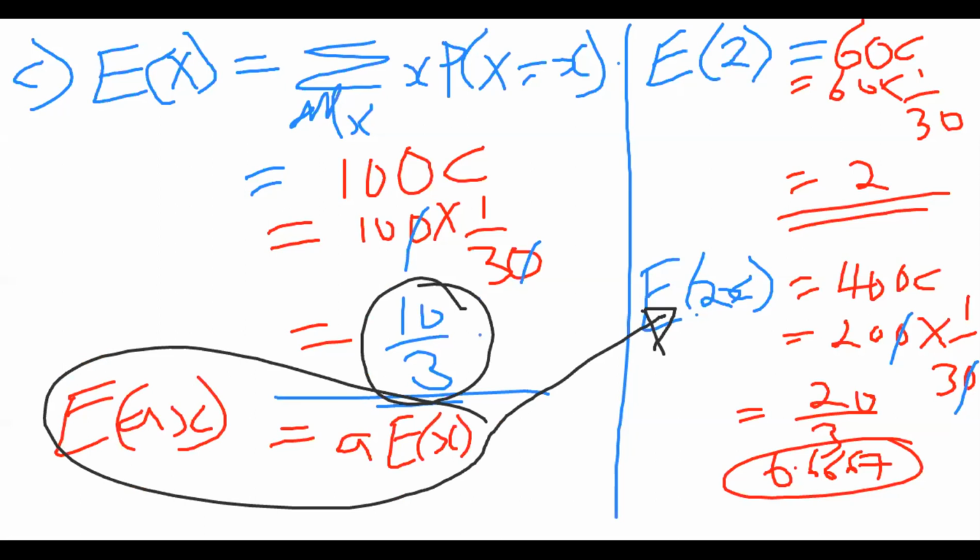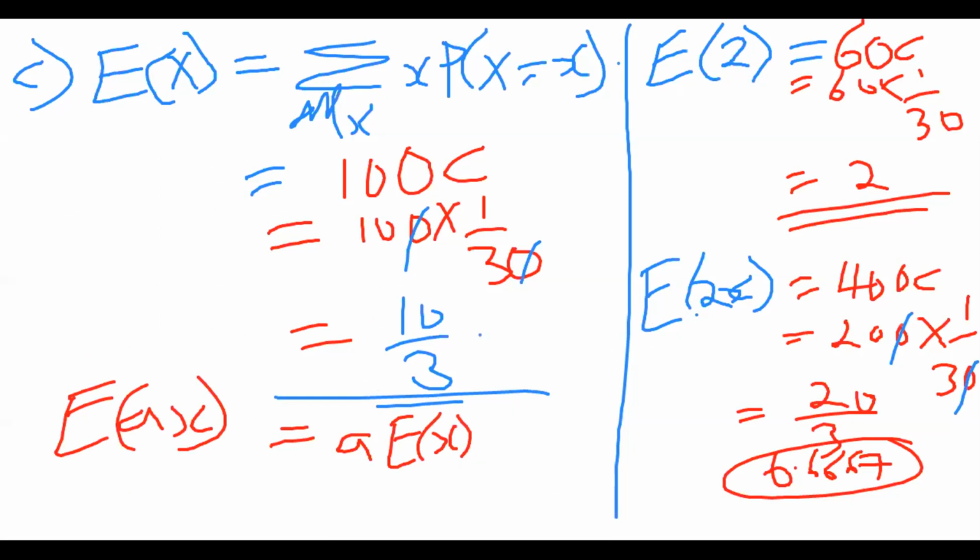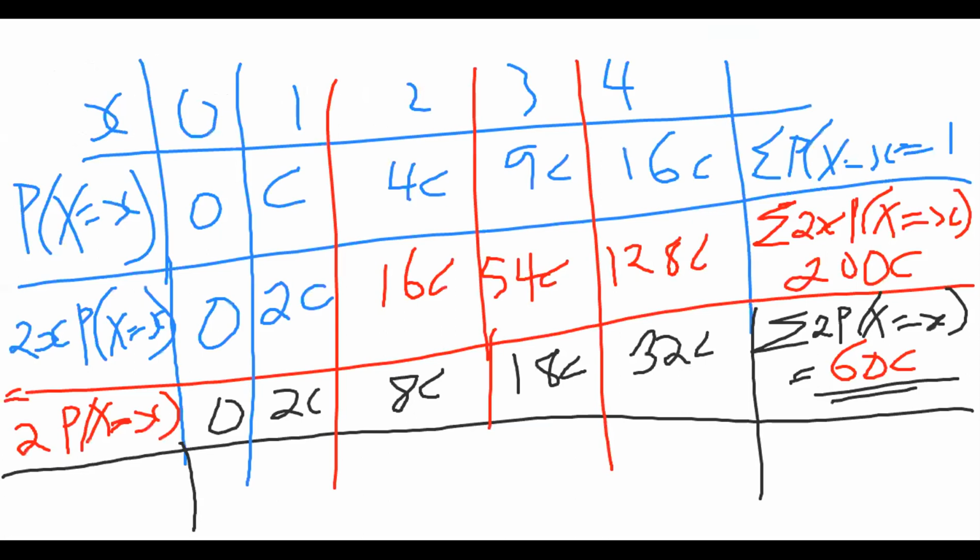The last part that I want us to look at, then I give you the general rule. We're getting the expectation of 2x plus 2. Of course, you come to the table here. Let me rub off this one down here.